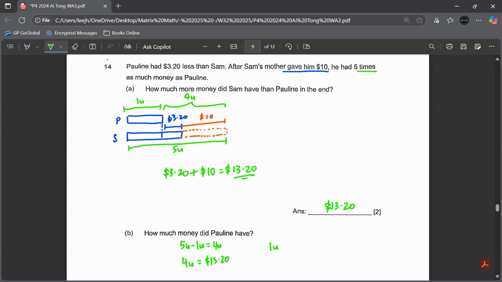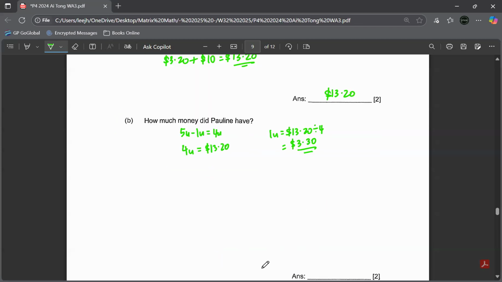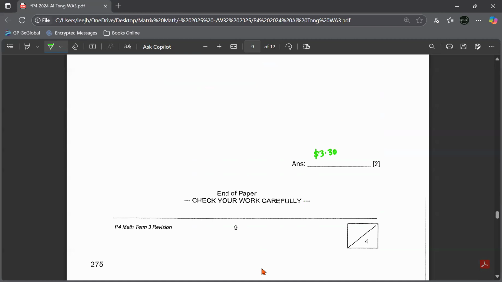So you look for 1 unit, 13.20 divided by 4 is $3.30. I want to know how much money did Pauline have. This is what I want to find out. Pauline didn't receive or spend any money. So your answer is 1 unit's value, which is $3.30. Oh, we're done. Okay, so this is the end of the exam paper review.